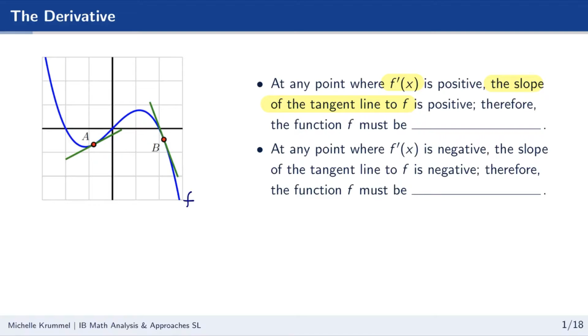And in our example, we have this point A, where the slope of the tangent line is positive, and if a tangent line has a positive slope, it means the line is increasing, and it also means that if we zoom in really close towards that point, the function is increasing. So we can say that the function f must be increasing.